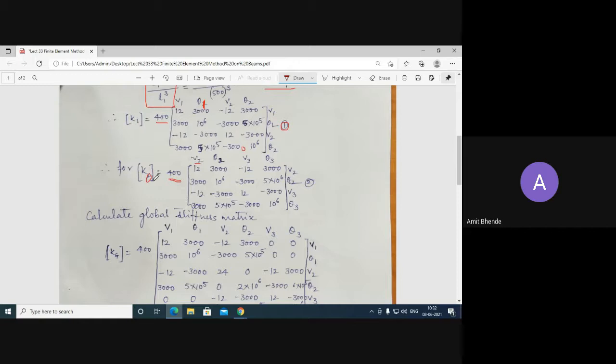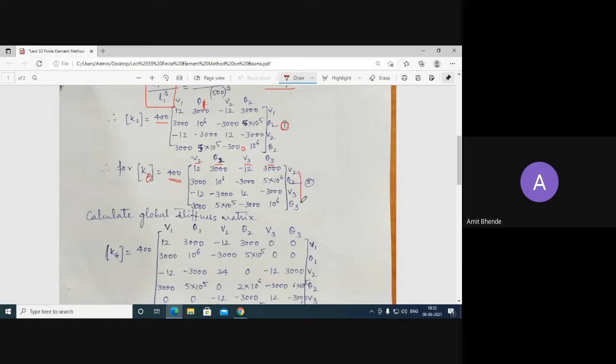So for element number 2, the first local node is node number 2 and the linear displacement of node number 2 is V2. So first is V2, second is θ2, third is V3 and fourth is θ3.